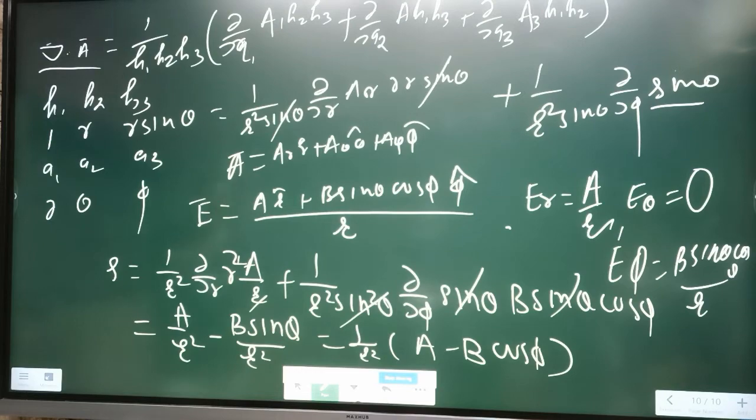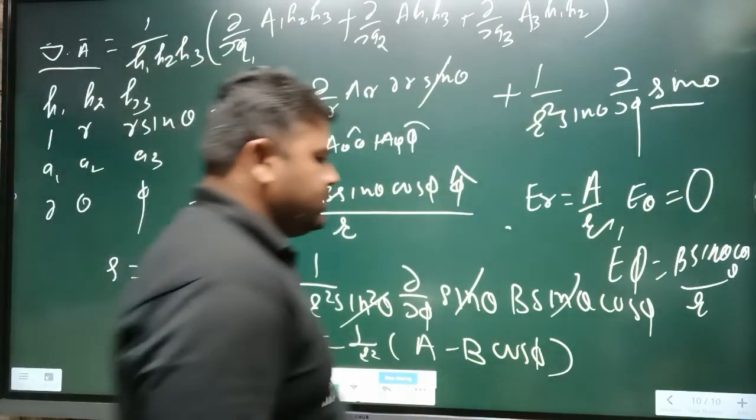Okay, gradient value also different for different cases.